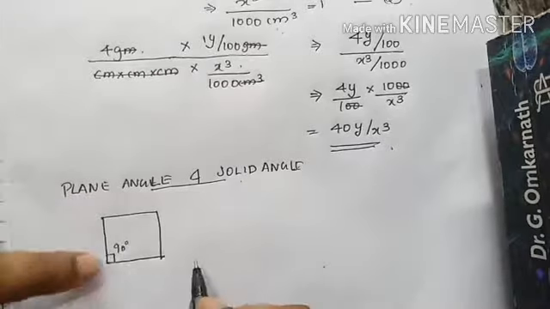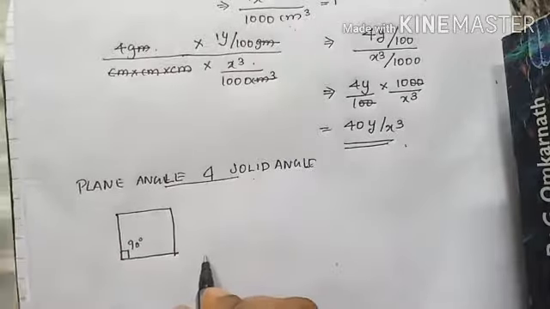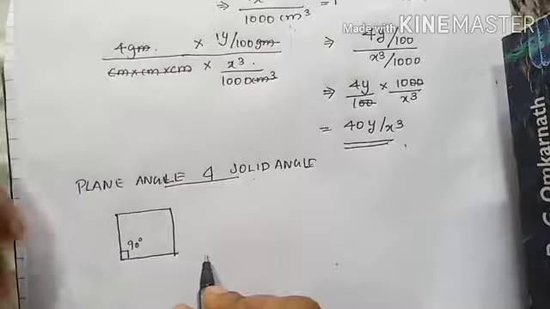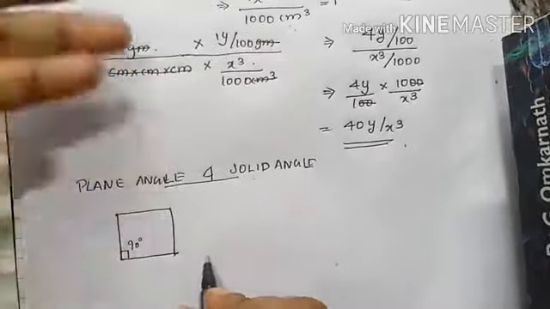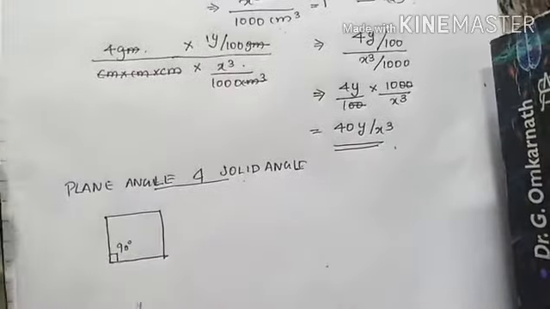I will say this 90 degree is a plane angle, right? So this theta or 90 degree is a plane angle. And what is the unit of the plane angle then? It is degree, which you know, right? So what is the plane angle? The angle between two sides of a plane, and we look at it in a two-dimensional plane.